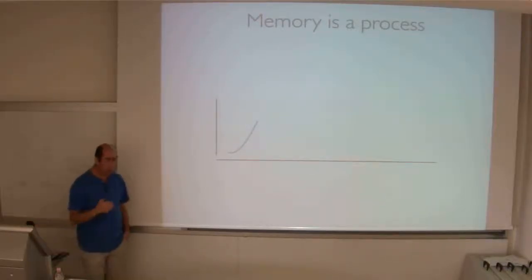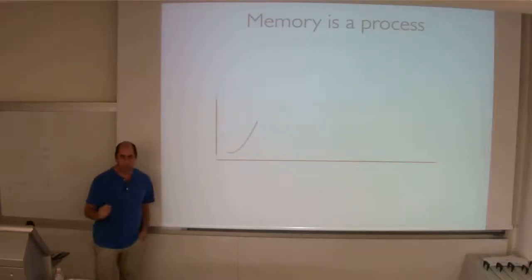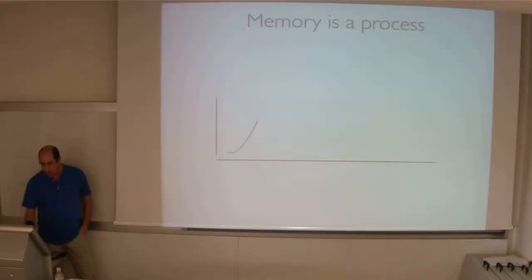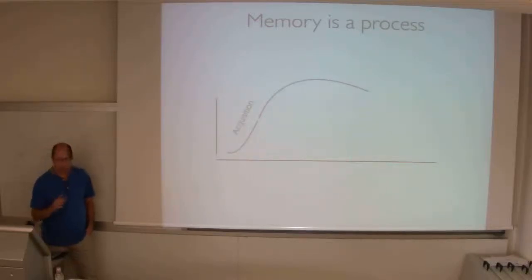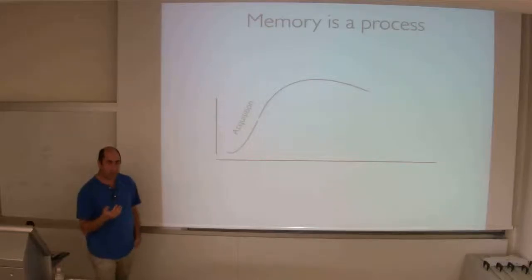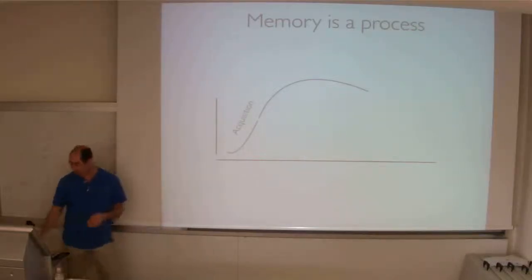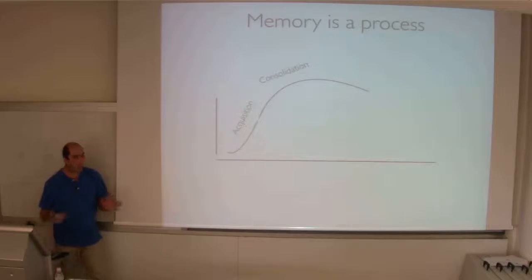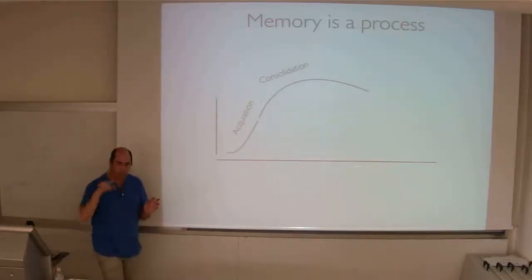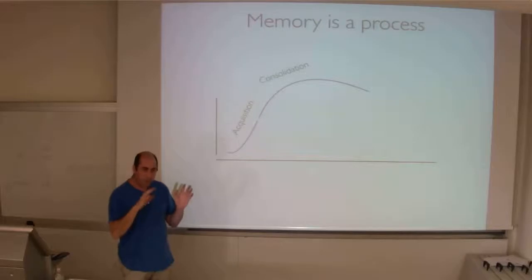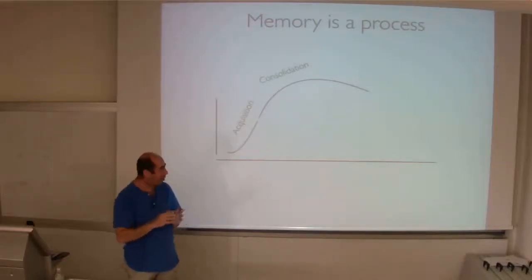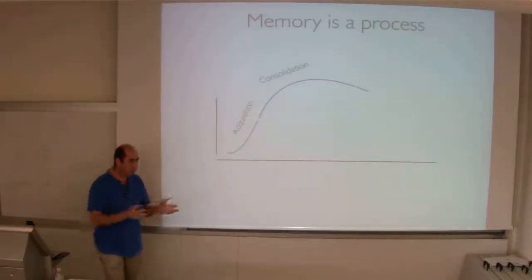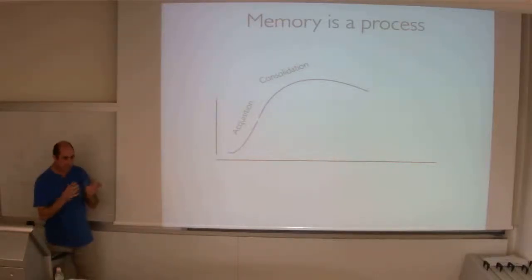So one thing to understand, just as I told you about anterograde amnesia and retrograde amnesia, is that memory is a process. It's not one thing. First of all, you have to acquire some information. Then you have to do what's called consolidation. This is like the save that you press in the computer. You have to move this memory from RAM to a more long-term process, and then you have to store it.